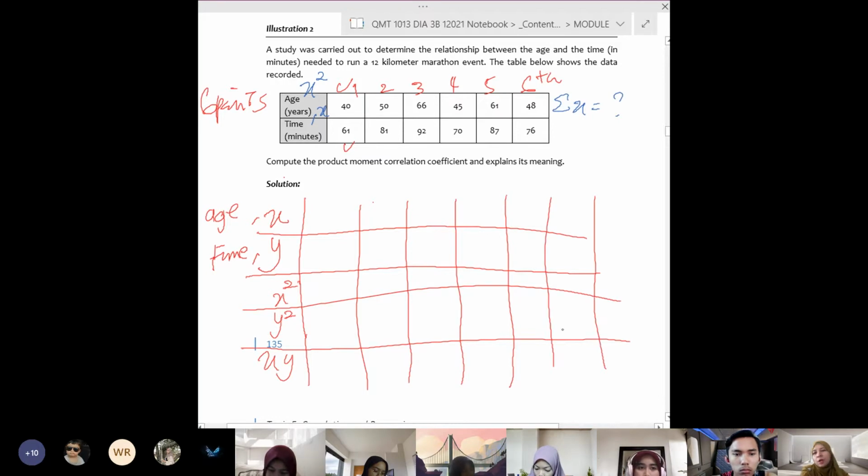Every time we need to come up with the summation of something, it is better to complete the table first. At the end of the table, we can find the total for every row or column.